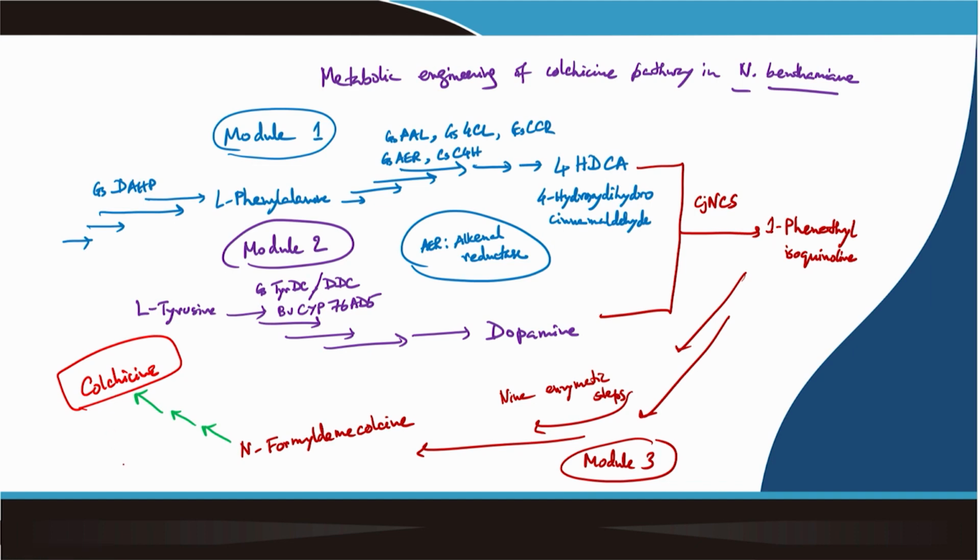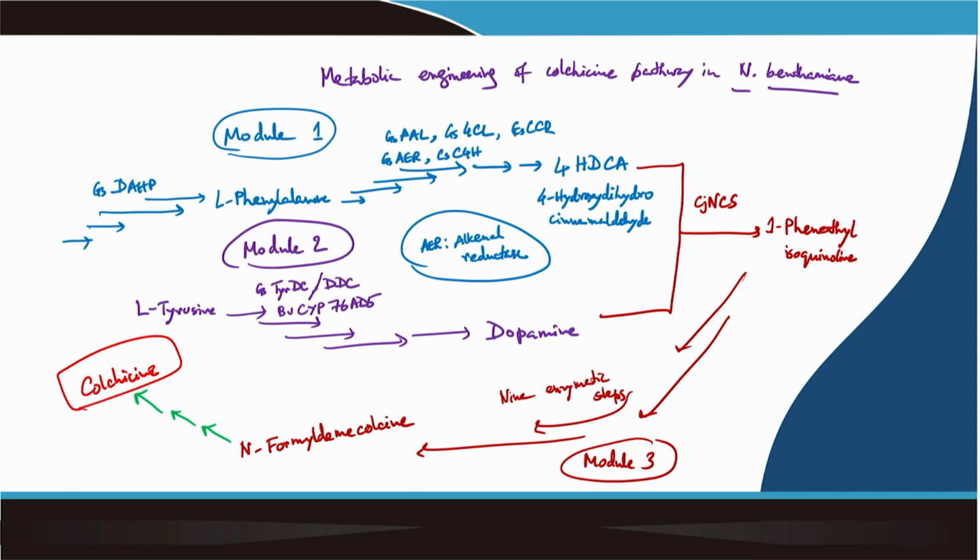So, what I said is that these 3 steps are not characterized yet, but the penultimate product of colchicine has been achieved. So, that means they characterized the 9 genes from Gloriosa superba using transcriptomics, metabolic logic, as well as the chemical as well as the pathway reconstitution.